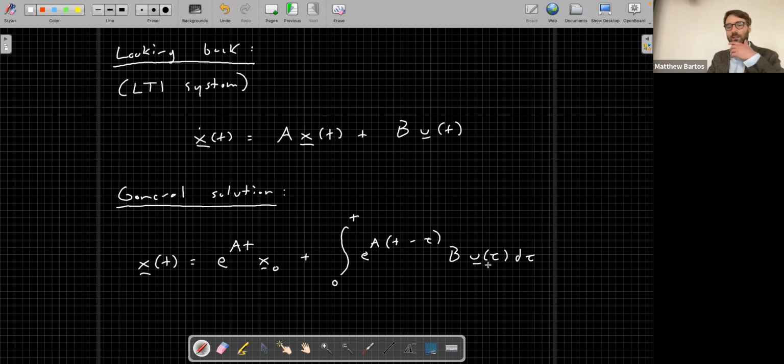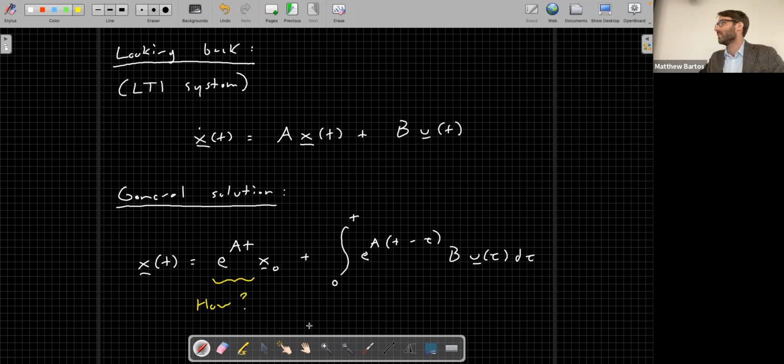There's an analogous version of this equation for discrete time systems. But you may be wondering, how do we do this? How do we raise a matrix? How do we take the exponential of a matrix? So yes, this may be something that you've never conceived before.